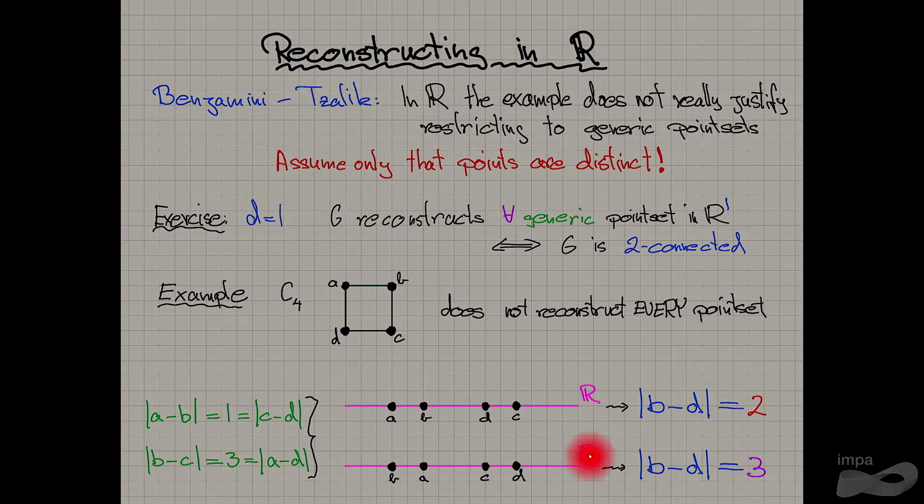But the edge between B and D here is length 2, and here is length 4, despite what I wrote. So you have 2 different ways to embed these distances. But here, crucially, these distances will not satisfy the genericity condition on the point set.